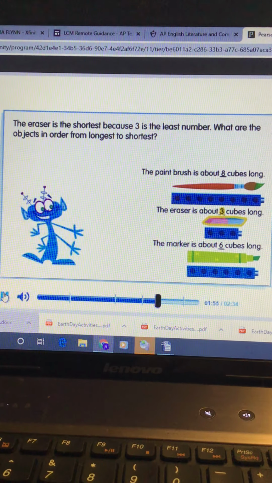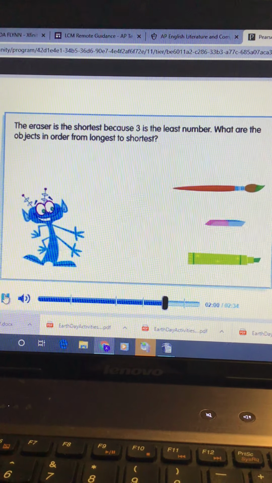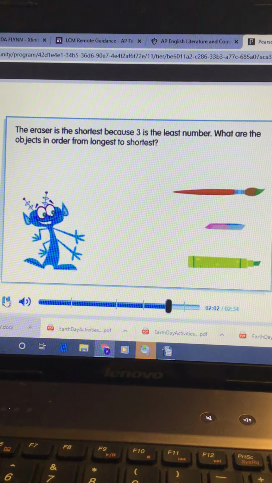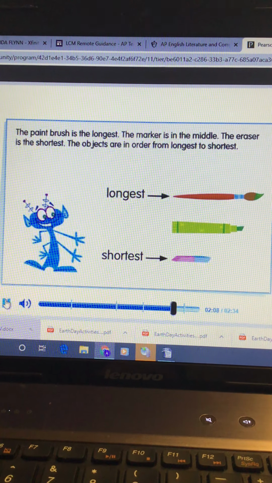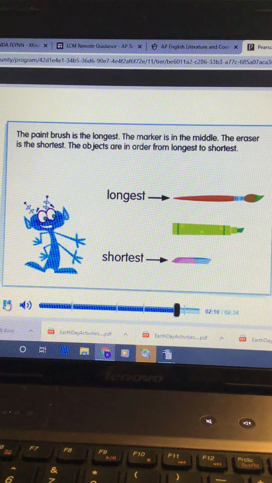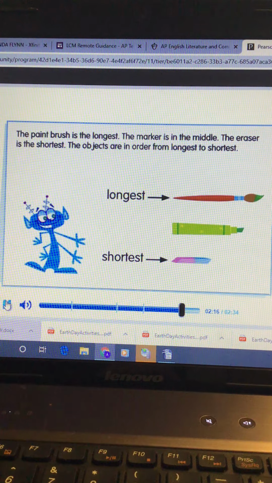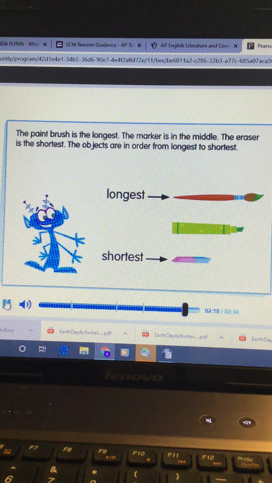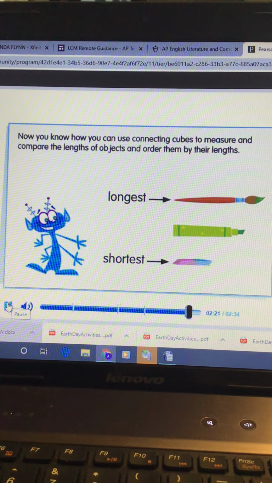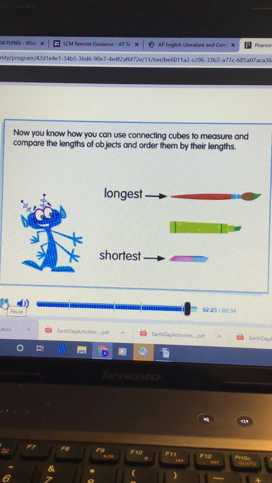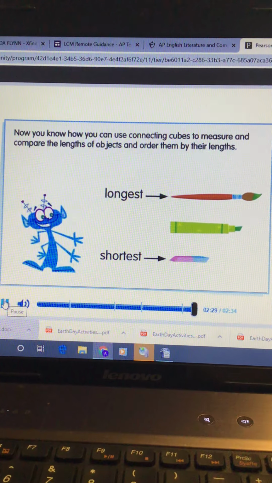The eraser is the shortest because 3 is the least number. What are the objects in order from longest to shortest? The paintbrush is the longest. The marker is in the middle. The eraser is the shortest. The objects are in order from longest to shortest. Now you know how you can use connecting cubes to measure and compare the lengths of objects and order them by their lengths.